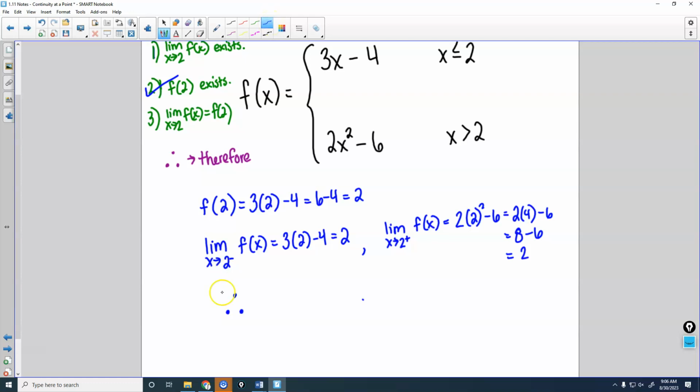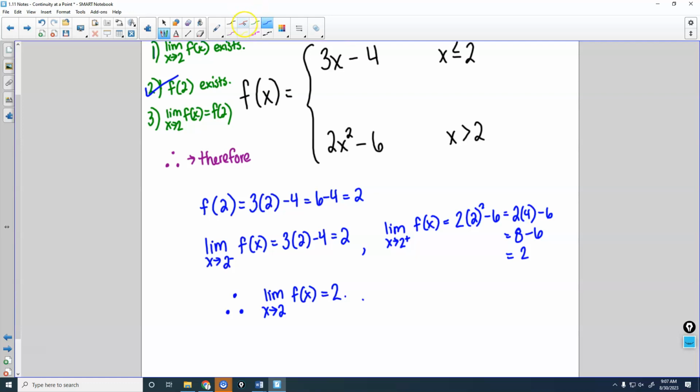So therefore, we would say that the limit as x approaches 2 of f of x equals 2. So you need to make that conclusion. You want to do the limit from the left, limit from the right, and then make the conclusion that since they're the same, that limit exists at 2.